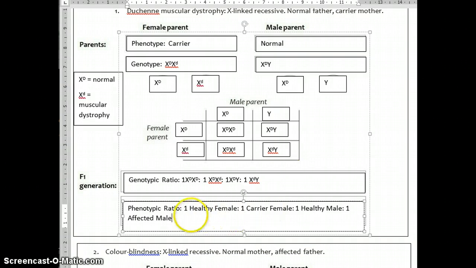Okay, so just to recap, this healthy female here is completely healthy because she has 2 copies of the normal allele. This is the everyday person you'd expect to see, no issue in the world, and has no possibility of passing the condition on to her children.